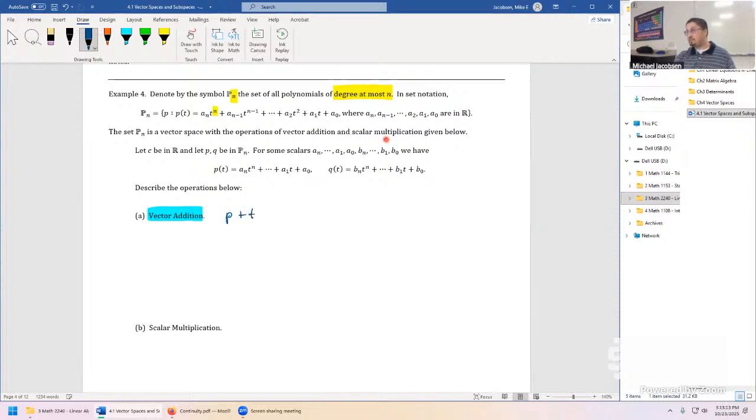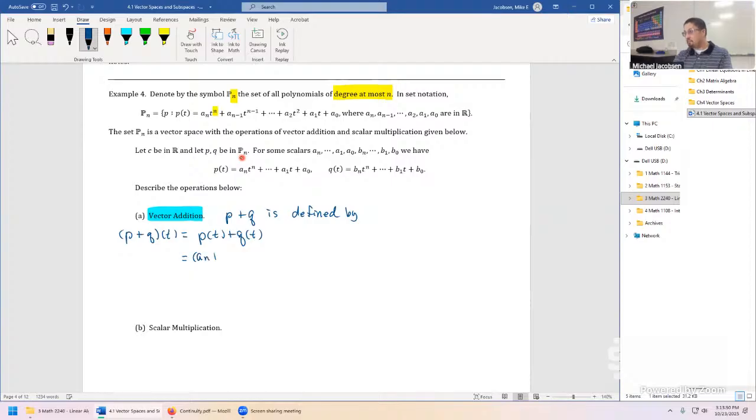P plus Q, that's our brand new vector defined by these two vectors, P and Q, in Pn. P plus Q at t is just defined by adding up all the coefficients. Just like the function space, it's P of t plus Q of t. And now it's just a matter of combining your like terms from back up here.